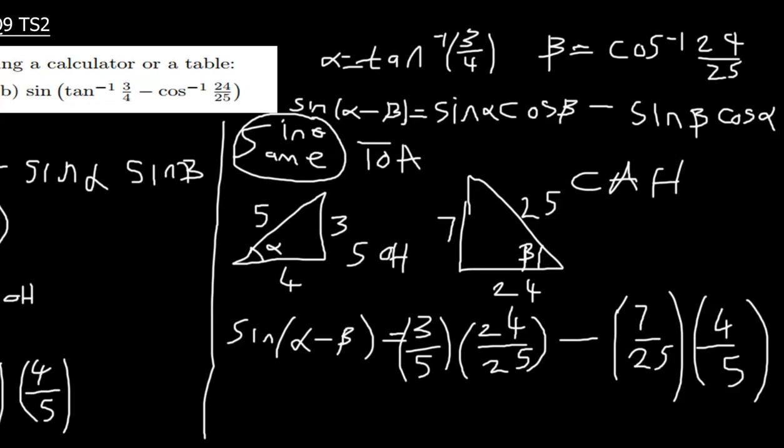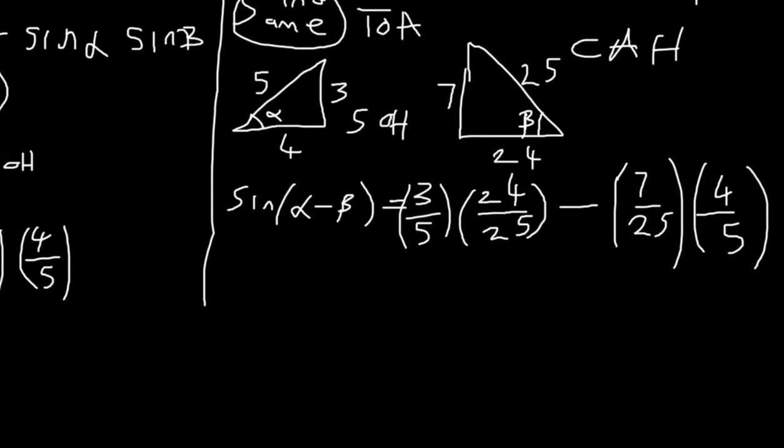So now we can go on to find the solution, which is now even easier. So what we do is 3 times 24, your answer is 72, over 5 times 25, you find your answer to be 125, and then minus 7 times 4, your answer will be 28, then over 5 times 25, your answer will be 125.